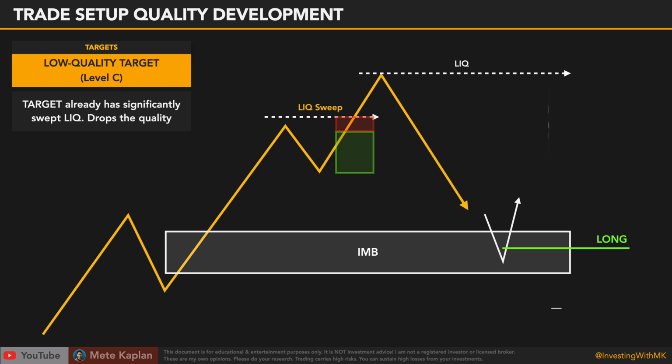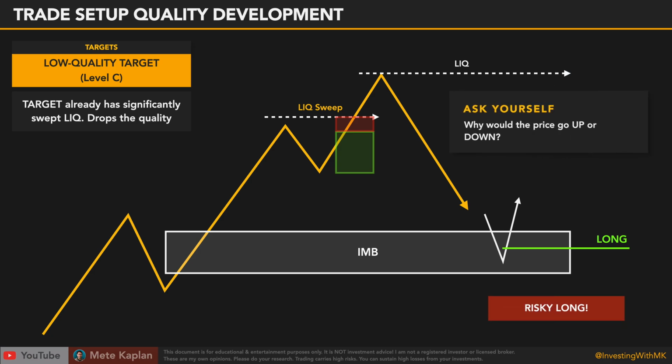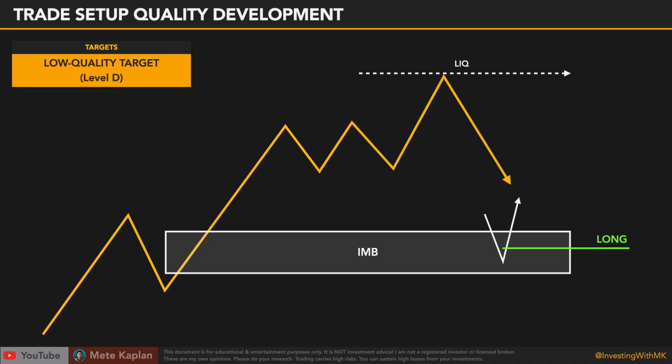I always ask myself this: why would the price go up or down? If the liquidity is taken already, it has fewer reasons to go up or down. A very simple and a straightforward idea. And especially if I see an equal high hunted.